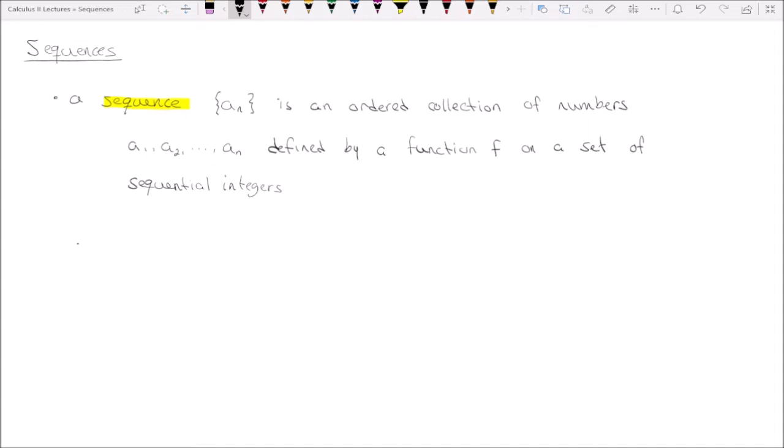So the values a sub I are the terms of the sequence.